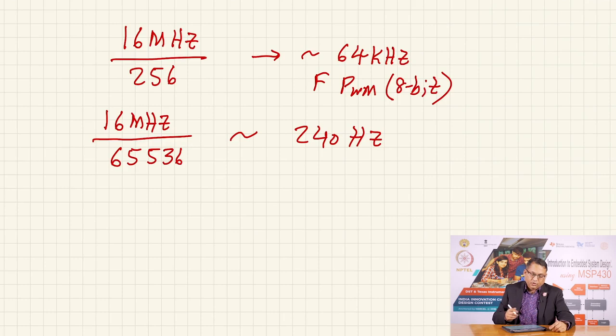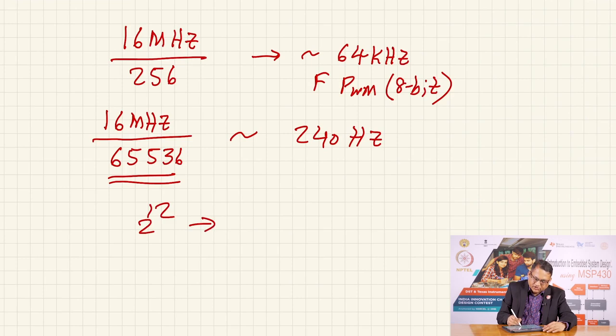If not, you can trade the resolution. Instead of 16 bit resolution you can go for a 12 bit resolution. 12 bit will give you 2 raised to power 12, which is 4096, and therefore, you will get roughly 16 times this frequency, about 3.5 kilohertz PWM frequency.